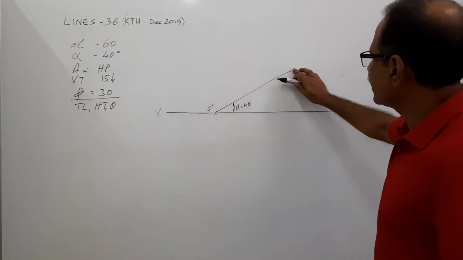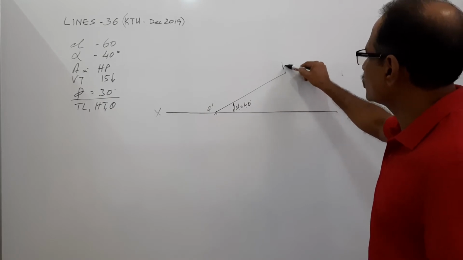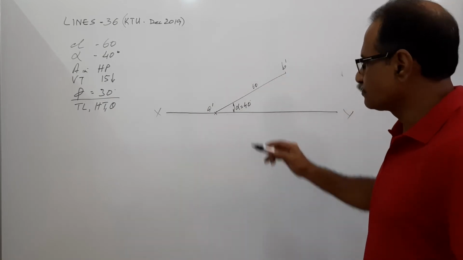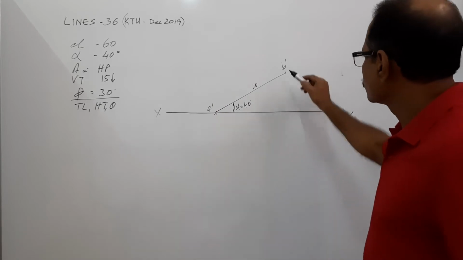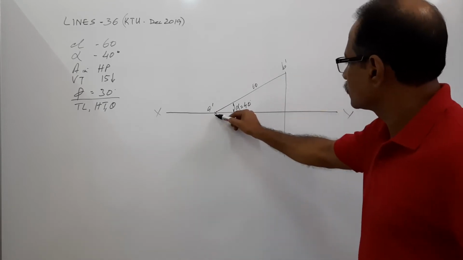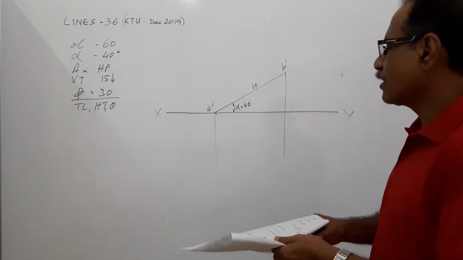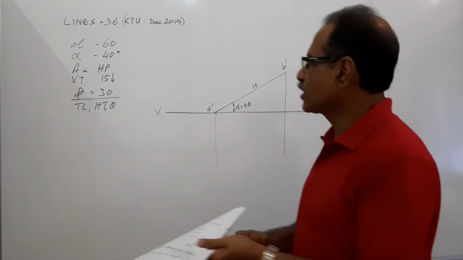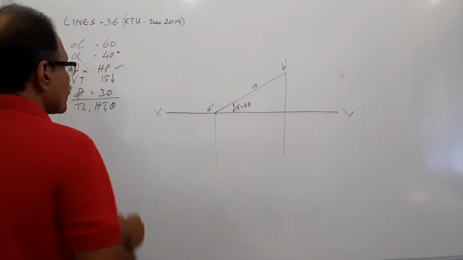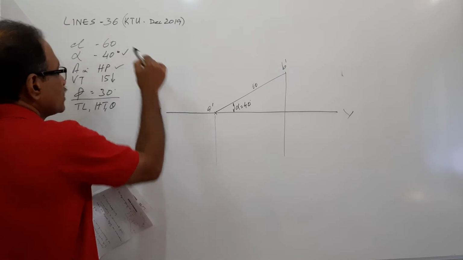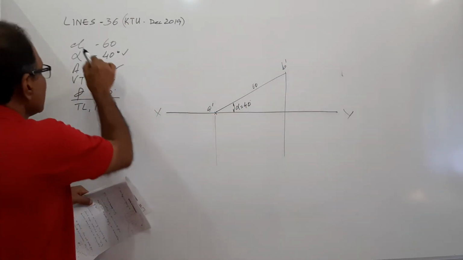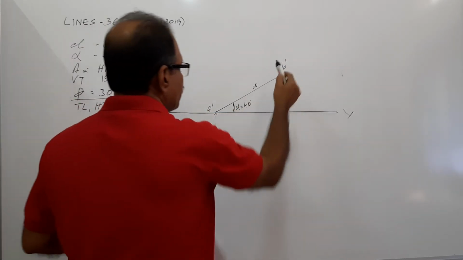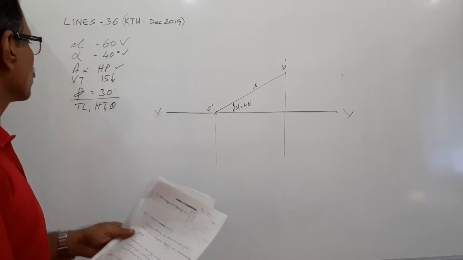This line contains the elevation length of 60, so this is B dash, this is 60. I repeat, locate A dash on XY because A is in HP. Alpha is 40 degrees, draw a line at alpha. Elevation length is 60, therefore locate B dash. A dash, B dash is obtained.